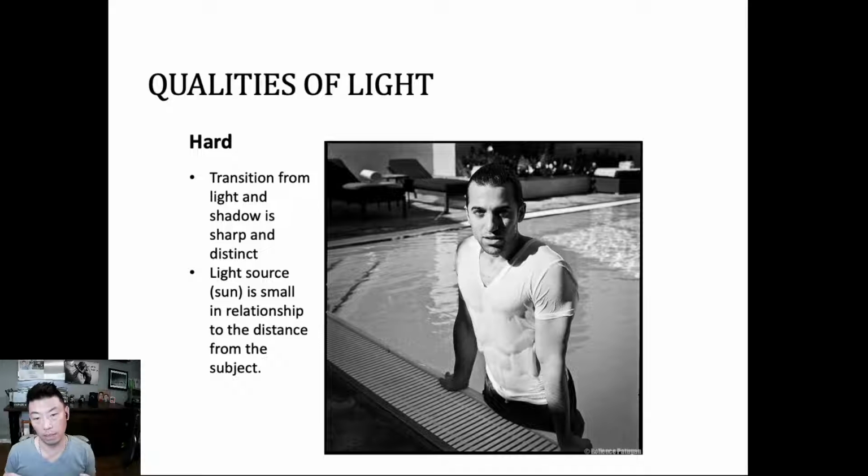For example, you may think the sun is really huge, but the distance between the sun and the subject matter is a very, very far distance. It is basically like a pin light. A source of light that is really, really far away. So if you have a small light source and it's far away from your subject matter, it is going to create more of a hard light.